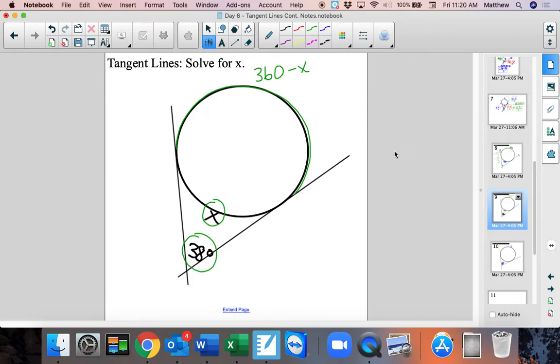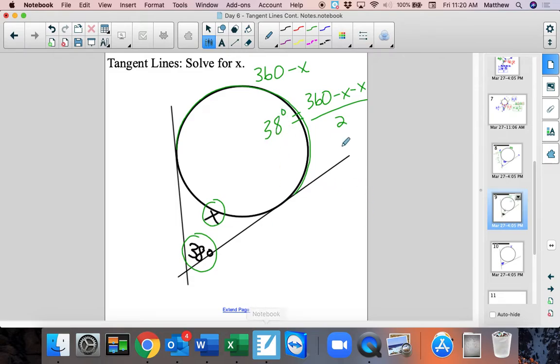I'll write it off to the right here. 360 minus X again, divided by 2, and that should equal 38 degrees.